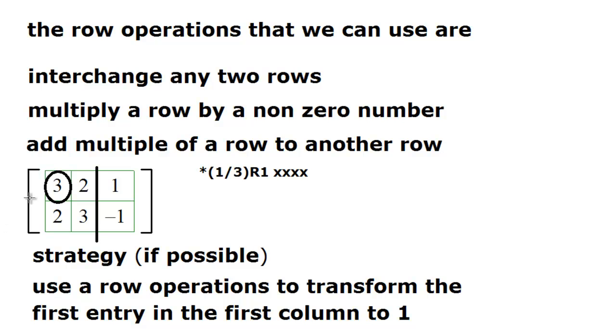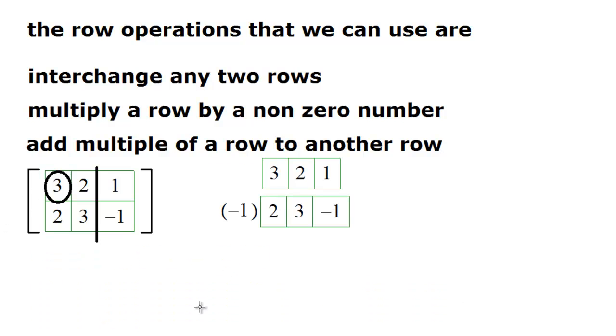Okay, so let's see what we mean. So what we are going to do is add -1 times this second row to row number 1. So this is your row 1, and this is a multiple, that is -1, multiple of -1 with R2. We are adding these two together.